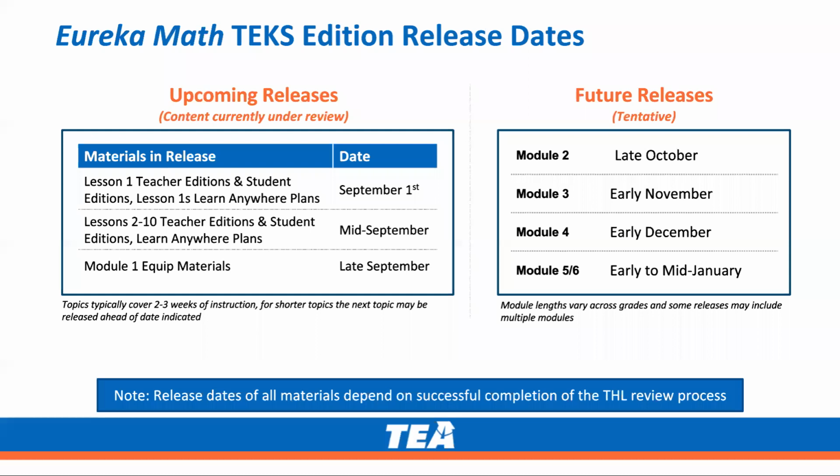And then we'll see more materials coming out throughout September, including the Equip, which we talked about last week on our webinar regarding Texas Home Learning and Eureka Math. Equip is that formative assessment tool that helps identify unfinished learning and make strategic decisions about your pacing and what additional support students need. That'll be coming out in late September.